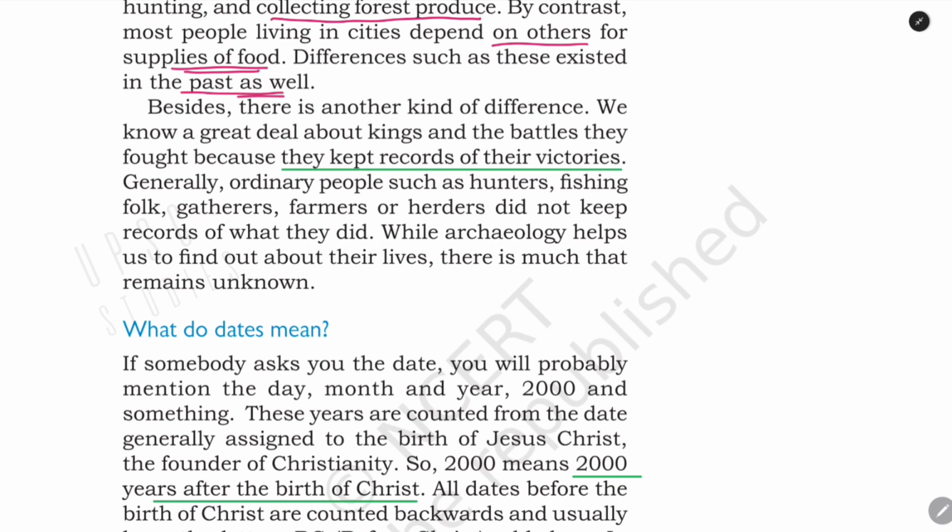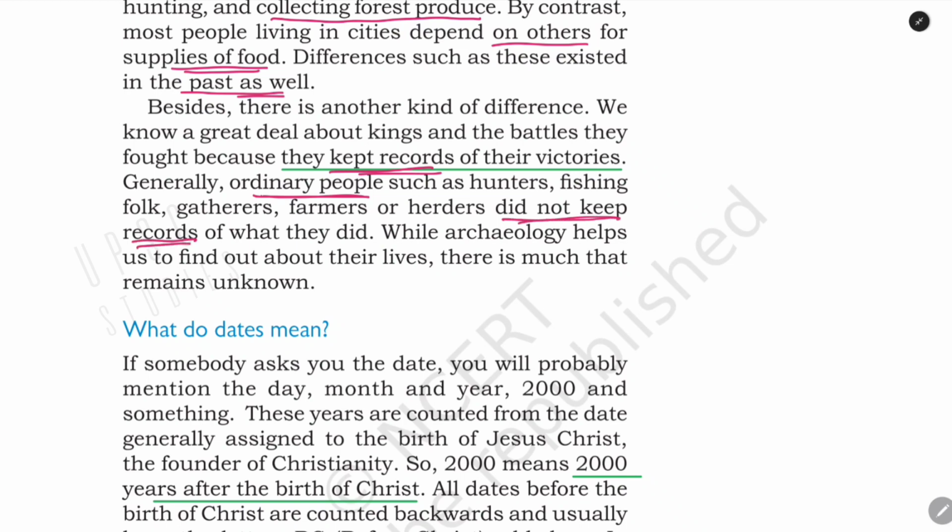We studied that there are inscriptions which tell about victories in battle. So we know about the kings and the battles they fought because they kept records of their victories. That is why we know about it. The ordinary people, hunters, fishers, farmers, etc., did not keep records of what they did.